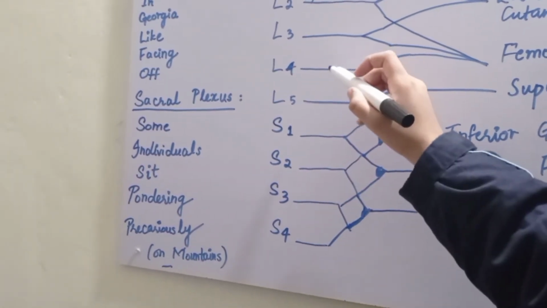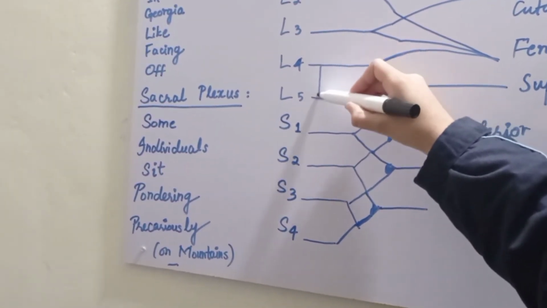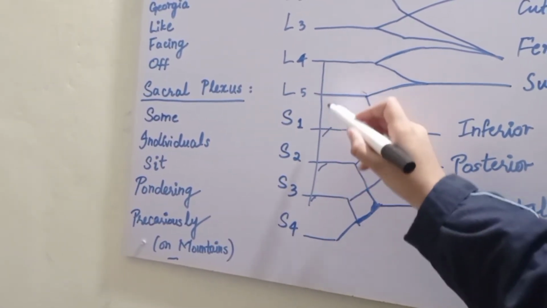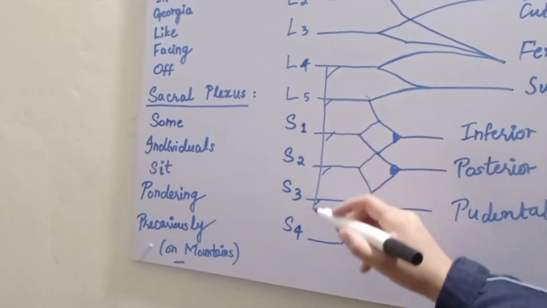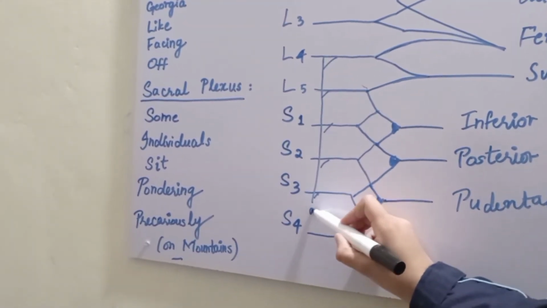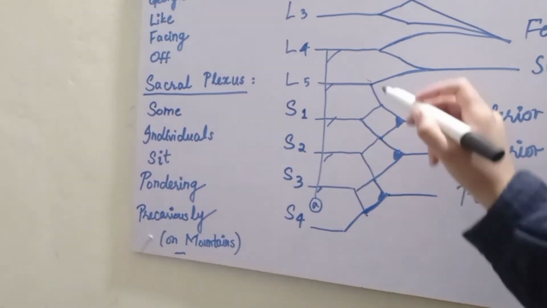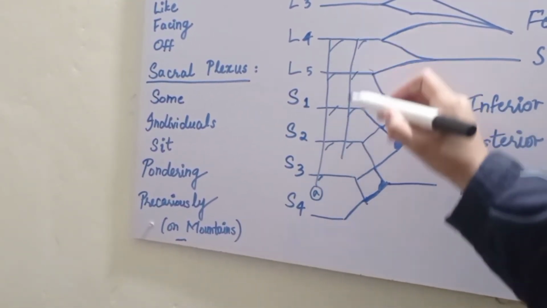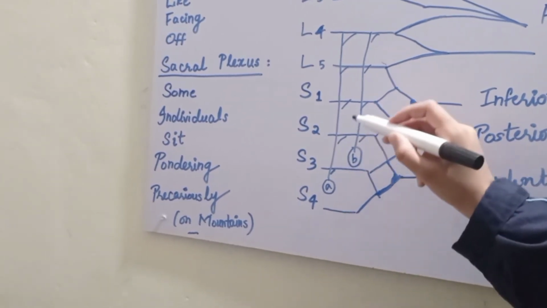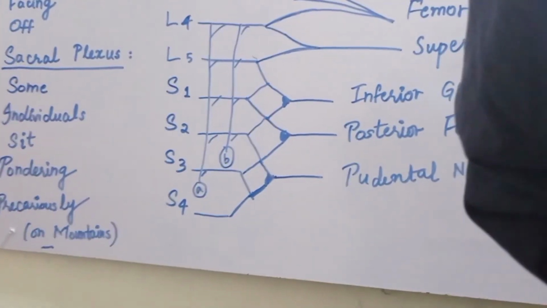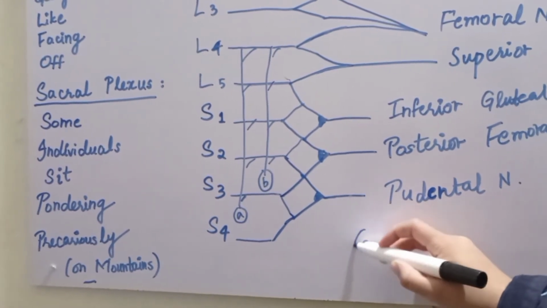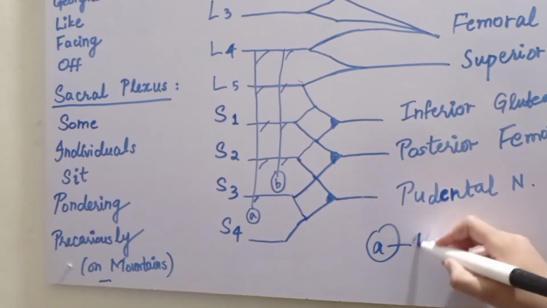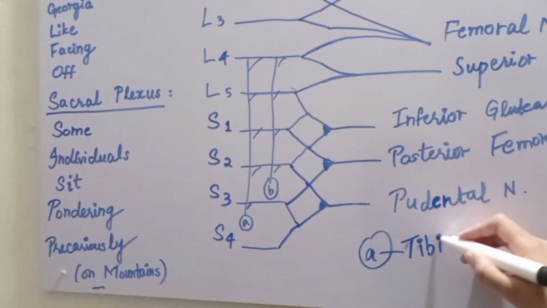Now let's just combine the branches of L4 with S3 and connect the branch with all of the nerves. It is piercing. We're going to mark it A for the diagram to stay neat. Next, draw a line connecting L4 to S2 and mark it B. The nerve A is going to be the tibial branch of sciatic nerve.